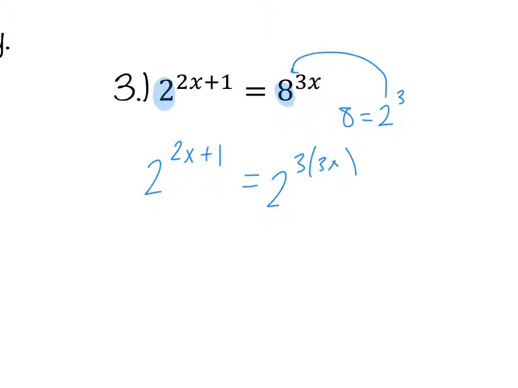Now that the bases are the same, we can set the exponents equal to each other. And so that's 2x plus 1 equals 3 times 3x, which is 9x. 2x plus 1 equals 9x. And then I'll let you solve it from there, because that should be pretty self-explanatory once you get to that point.